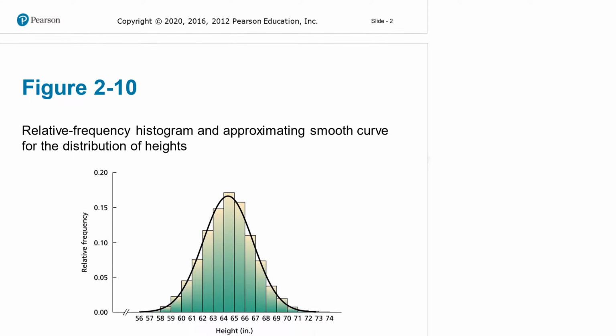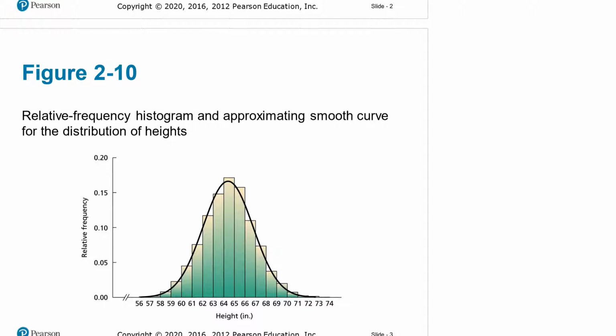If we look at this, it talks about the height of females. Someone questioned them, and from there they constructed the relative frequency and the histograms. For these histograms, they constructed kind of a rough plot in black. As you see, this curve is a really smooth curve.